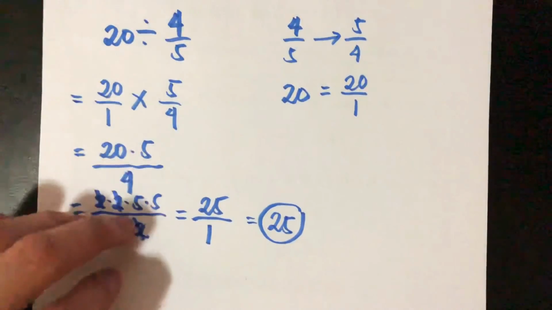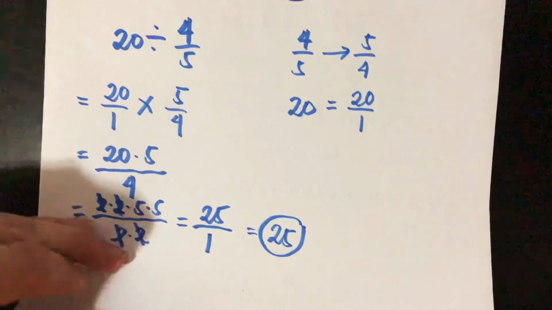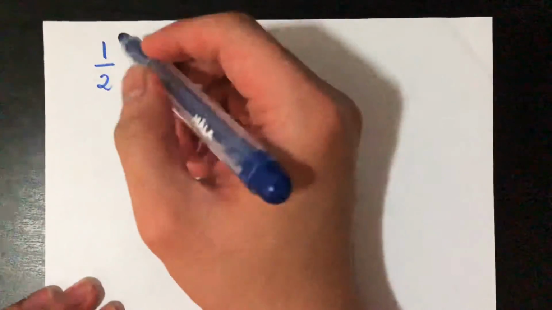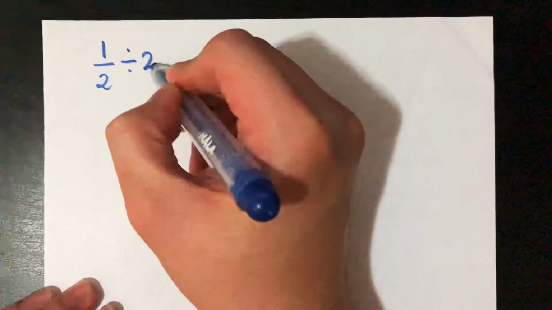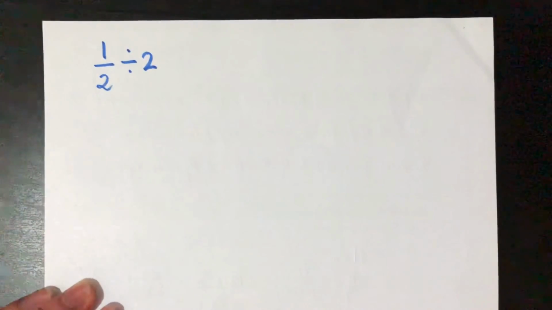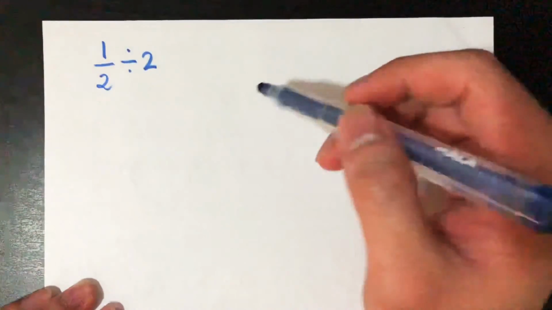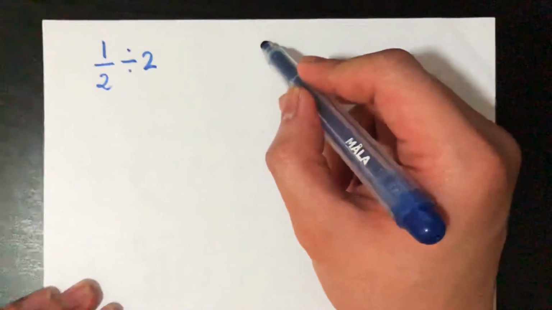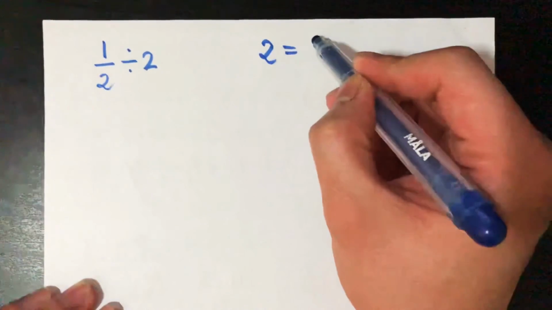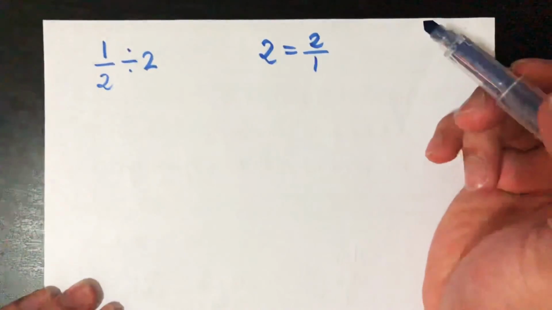Now let's go to our last example. So we have 1/2 divided by 2. Again, our divisor is 2, which is equal to 2 over 1.